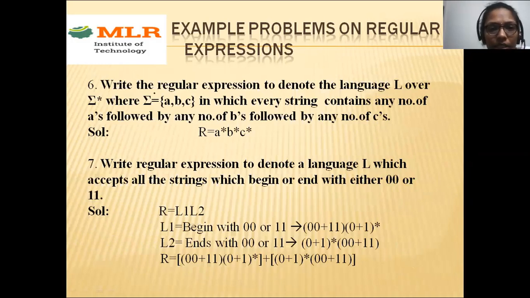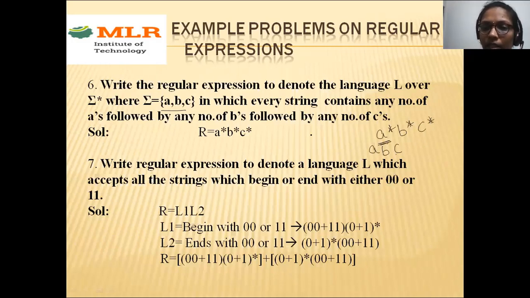So the next one is: write a regular expression to denote the language L over A comma B comma C. We have three symbols here, in which every string contains any number of A's followed by any number of B's, followed by any number of C's. Followed in the sense that first you need to complete A's, then you need to go with B, then C. After C, you should not take anything, A's or B's, right?